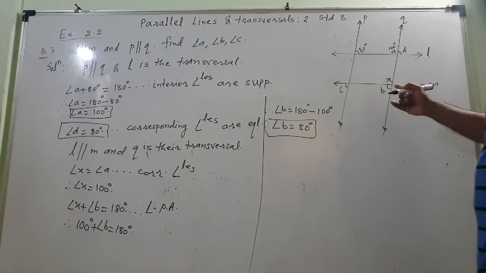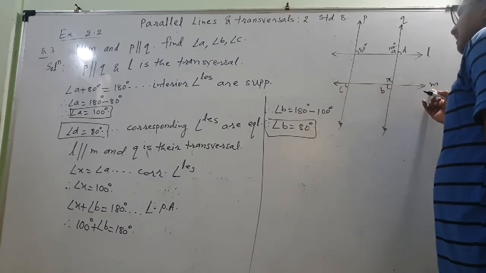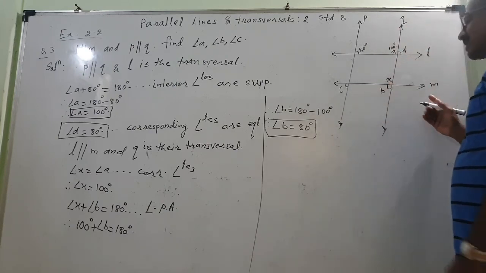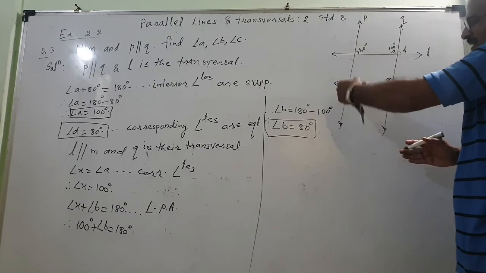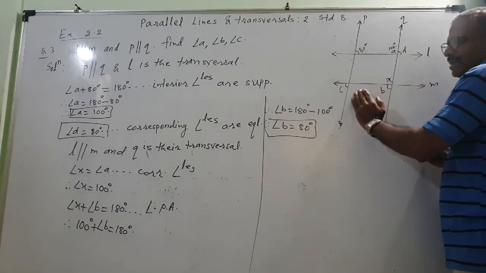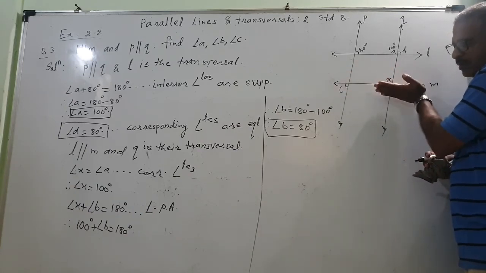Now, this B and C, this is the transversal. P parallel Q and M is the transversal. See these parallel lines. This is the transversal. C and B are at the same position, above, below, below.